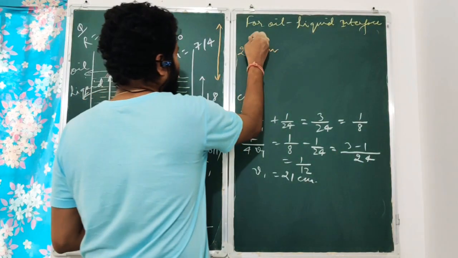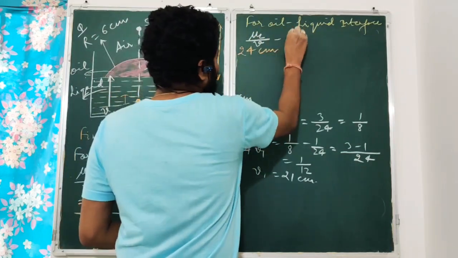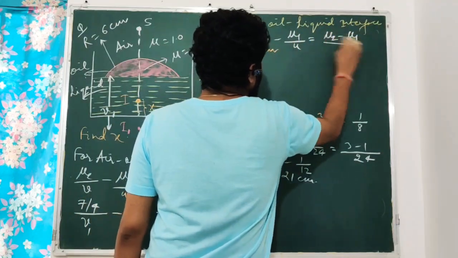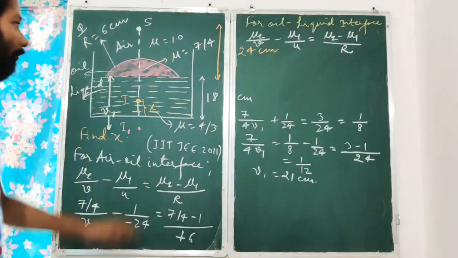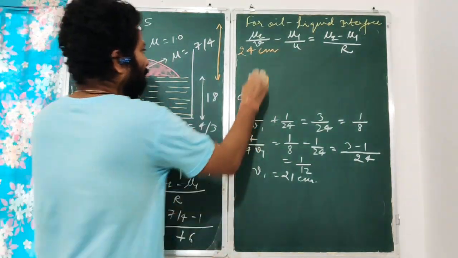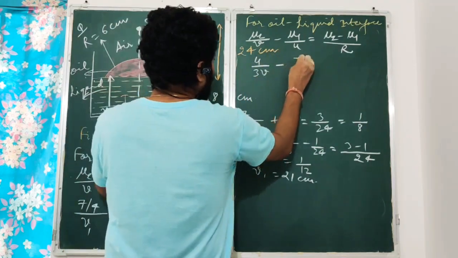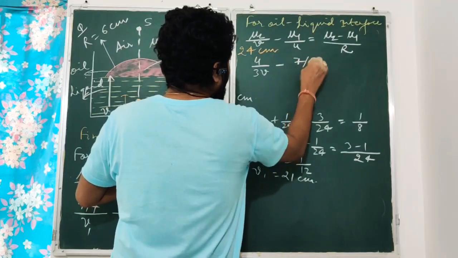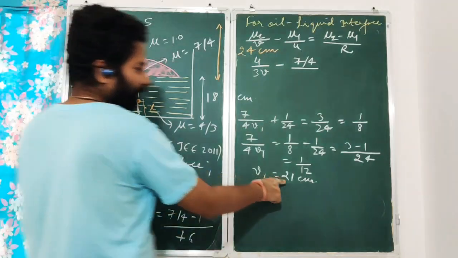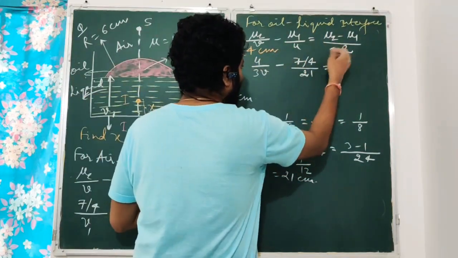So same formula: mu2 by V, let us say the final position of the image is V, minus mu1 by U, and that is equal to mu2 minus mu1 by R. So what is mu2 now? It is this liquid and it is 4 by 3. So we write 4 by 3V minus mu1, which is 7 by 4. What is U? U is on the other side, that is nothing but V1, which we have got as 21. This is acting as an object for the second refraction.